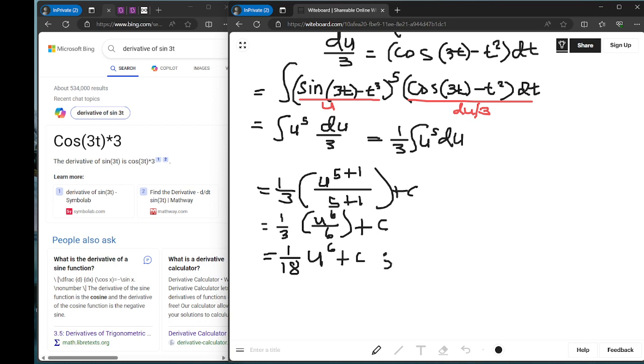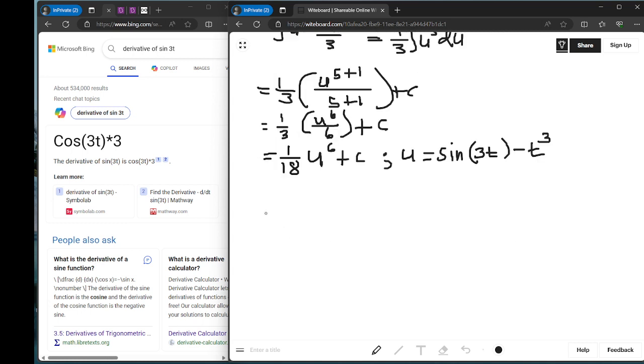Remember that our u is equal to sine of 3t minus t cubed. Then our final answer is 1 over 18 times sine of 3t minus t cubed all raised to the power of 6 plus c.